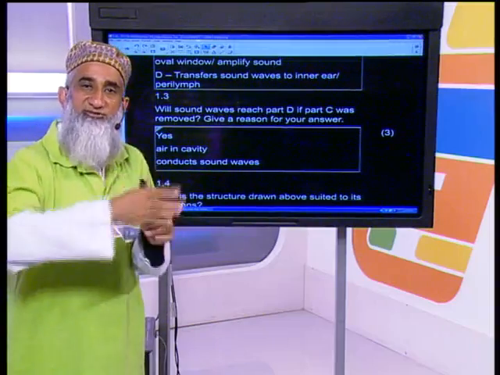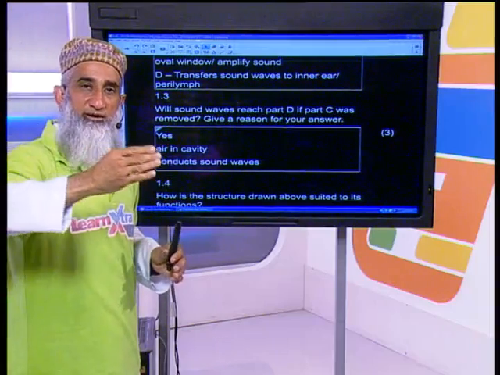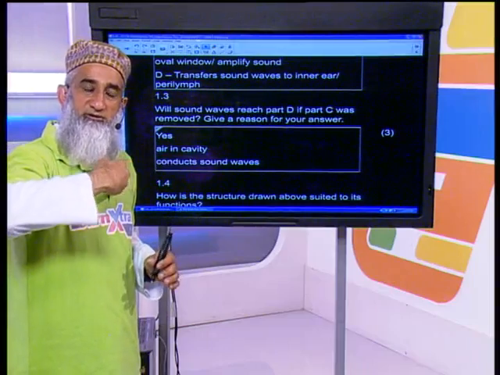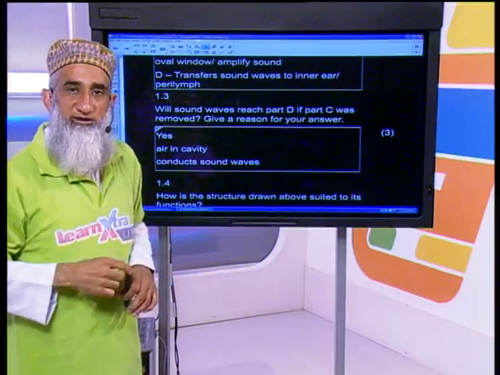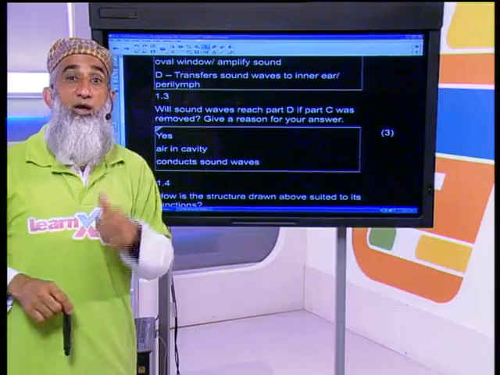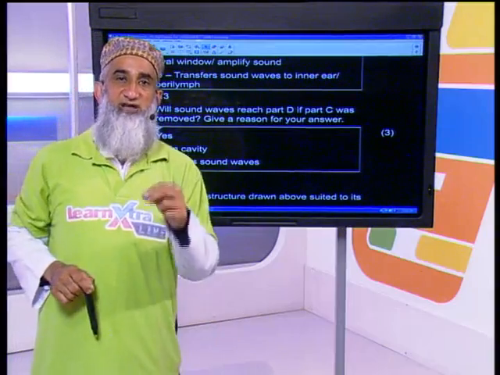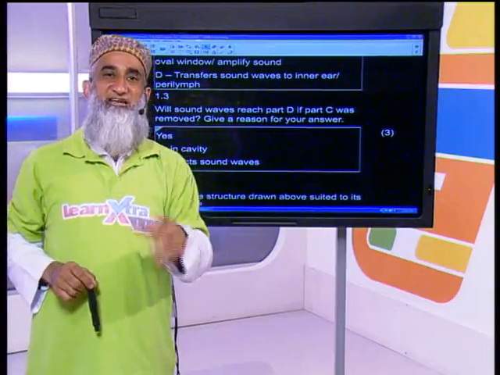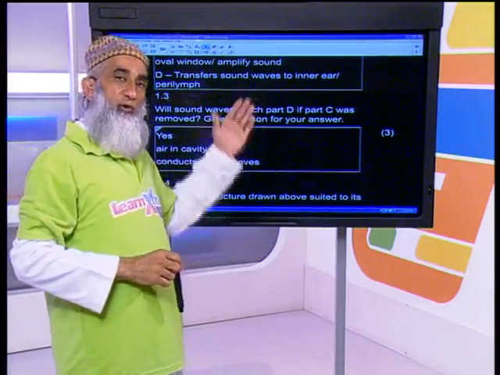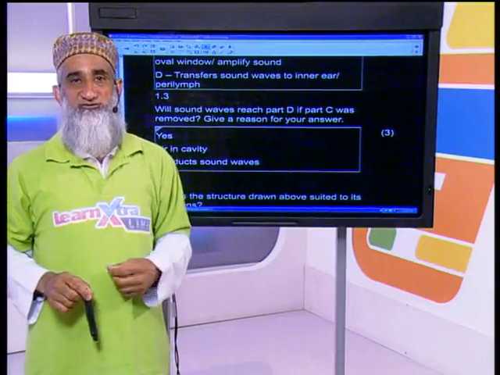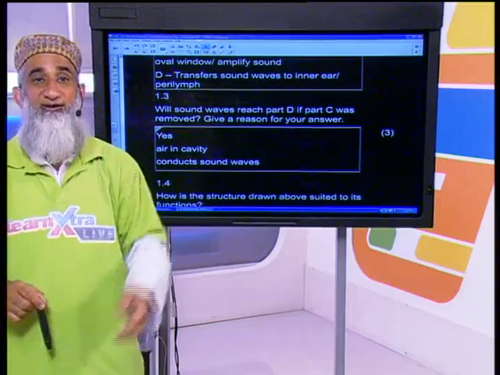There are sound waves. The sound will travel through the air and knock onto the oval window anyway. However, the sound waves will not be as intense as when those bones are there. Remember, one of the functions of the bones is to intensify, amplify the sound.